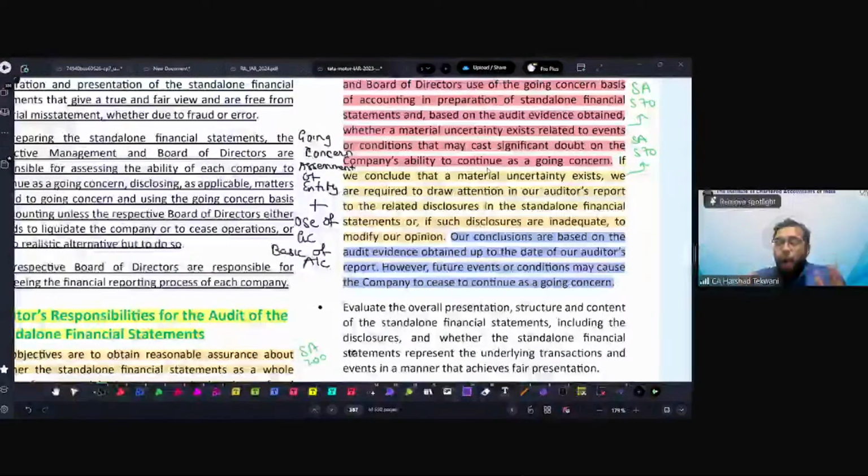For the first one, obtain sufficient and appropriate audit evidence. For the second and third, only respond appropriately. So we are talking about the first one, and you are required to obtain audit evidence for that. Clear?